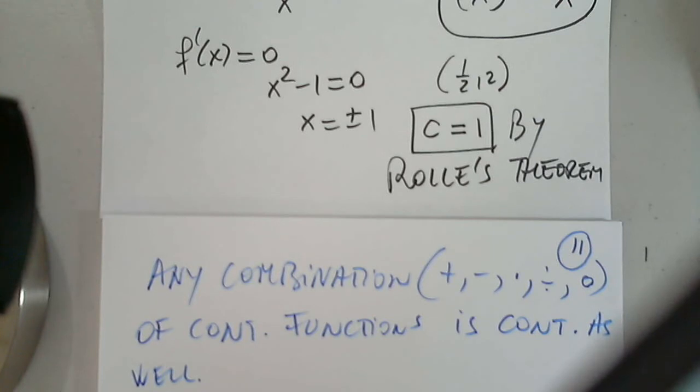So if I give you two continuous functions and you add them, you get a new continuous function. If you subtract them, multiply, divide, or compose, you will also get a continuous function. Was that the question?